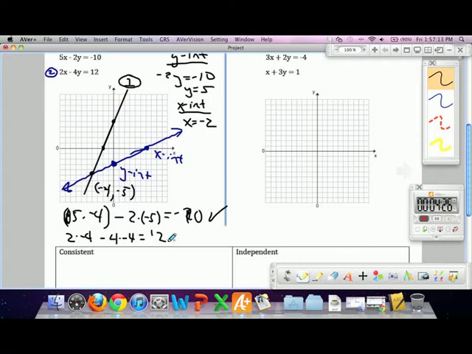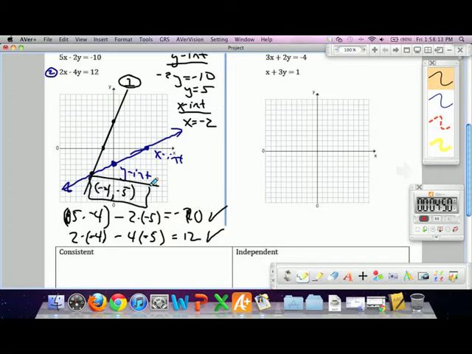This is supposed to be 5, right? No, the other one. Correct numbers in, we might actually get the right answer. So negative 8 minus negative 20, negative 8 plus 20 is exactly 12. Yeah. So our solution to this system of equations is negative 4 comma negative 5. Yahoo. Did it right.